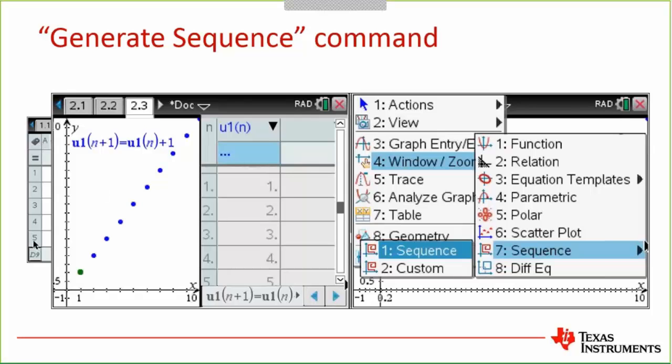To access that, on any graphing page, go to entry, zoom, graph entry, sequence, and select sequence here. That's a new feature, in operating system 4.2. Update to that if you don't have it.